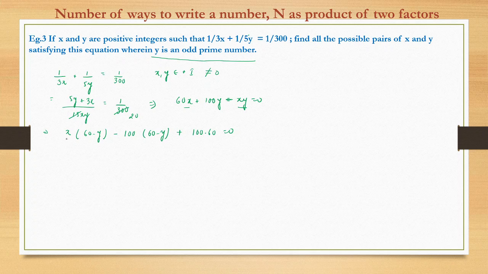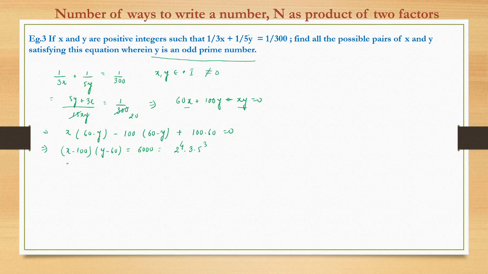This is nothing but, what, x minus 100 into y minus 60 is equal to what, it becomes 6000. 6000 is nothing but 2 raised to power 4 into 3 into 5 raised to power 3.